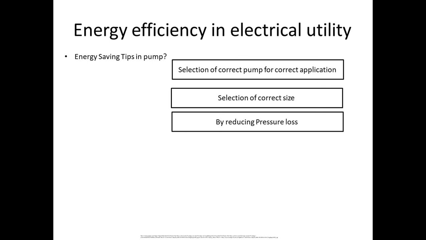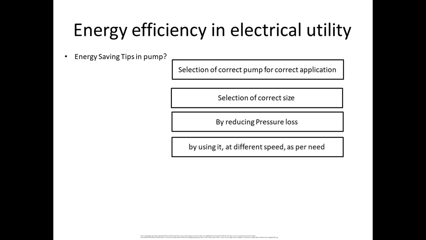So by reducing the pressure loss, we can conserve energy in the pump, and also by using it at different speeds as per need. It can be easily understood with the help of a juicer or mixer grinder, which operate at different speeds. Or we can understand it with the help of a fan.